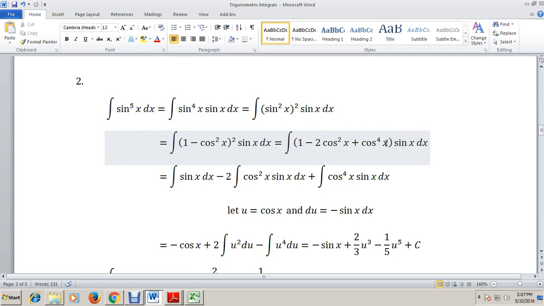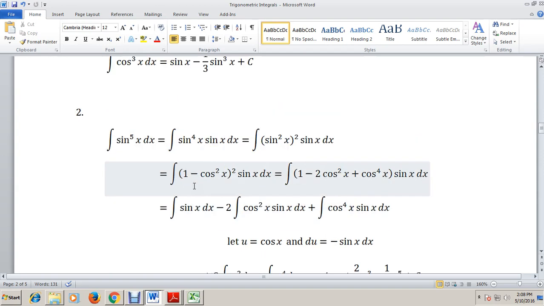So we have the integral of sine x dx, then negative 2 times the integral of cosine squared x sine x dx, and the last term would be the integral of cosine raised to 4 x sine x dx.